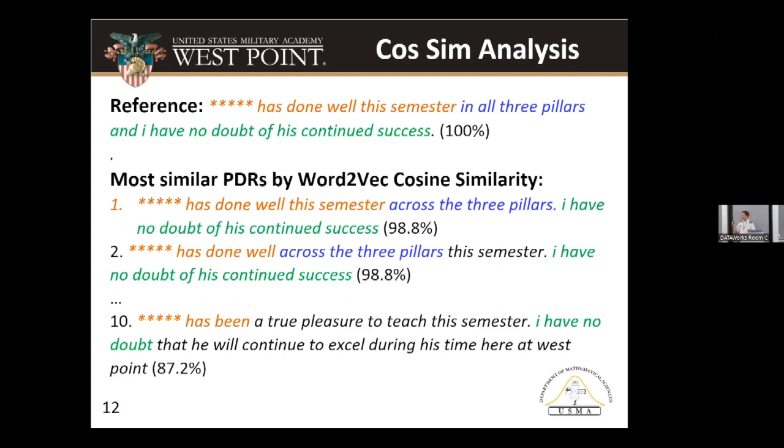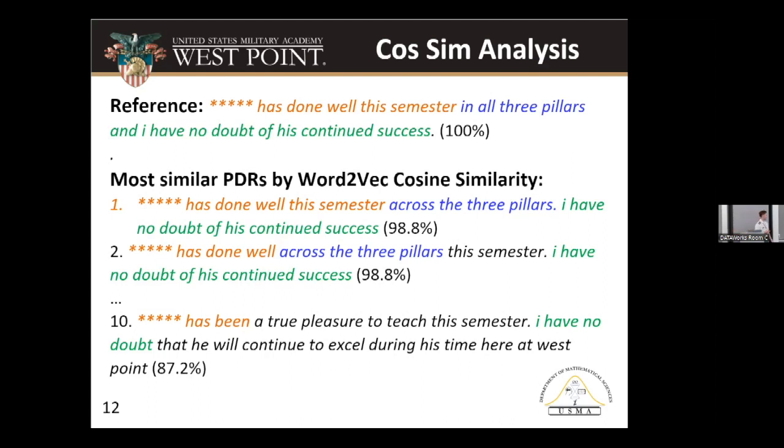So for the cosine similarity analysis, this top PDR written statement, we see it color-coded by kind of text areas, and listed below are the most similar PDRs in our data set with their associated cosine similarity. And we can see that these top 2 ones have a 98.8% similarity, and they do show that evidence of copy and pasting, right?